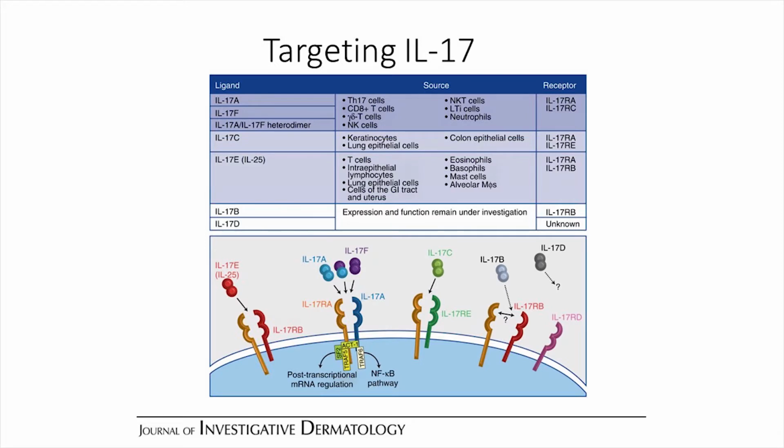So that's going to inhibit IL-17A and the IL-17AF heterodimer. And then the other way that we can do this is by targeting the IL-17 receptor A. And so that is going to more broadly inhibit the IL-17 pathway. It's going to inhibit the binding of IL-17AF, the AF heterodimer, and C and E.